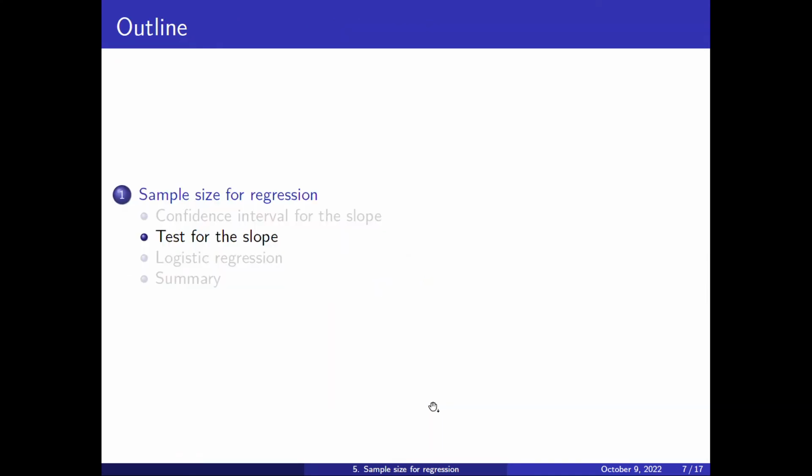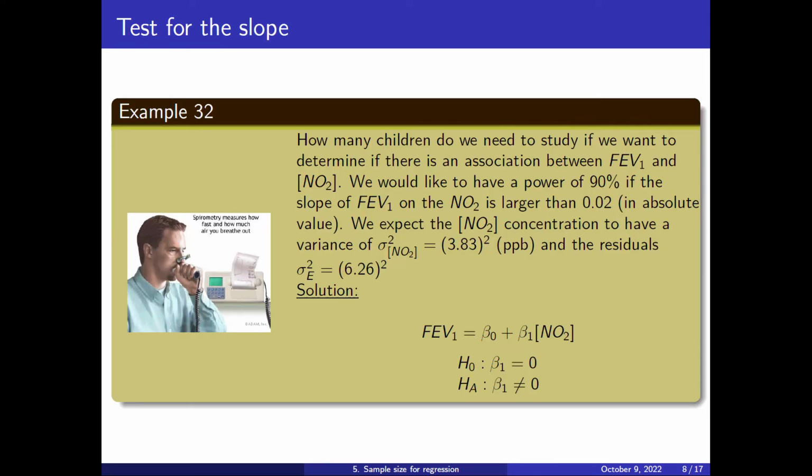Okay, so then what about if we want to make a test on the slope? Let's say that we have the same problem as we had above, but now our problem is not constructing a confidence interval, but checking whether beta 1 is different from 0. So is there really a relationship between the lung capacity and this air pollutant for children?